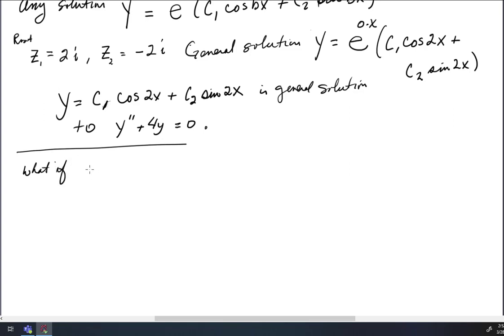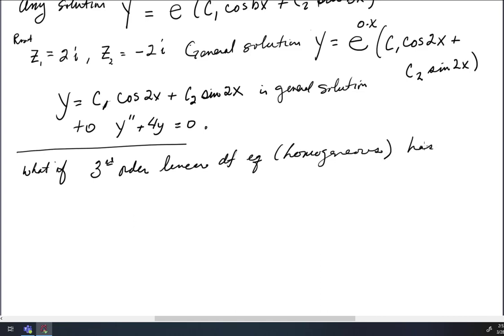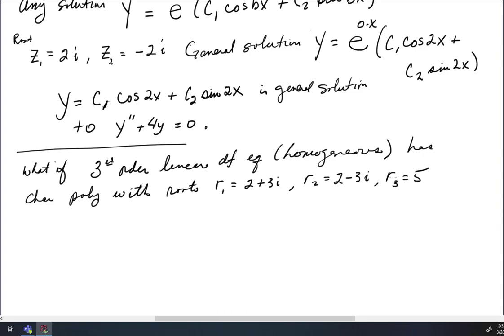I know you've covered this in your readings, but what if a third order linear differential equation, homogeneous, has characteristic polynomial with roots R1 equal 2 plus 3i, R2 equal 2 minus 3i, R3 equal 5. Okay, now let's review a minute.